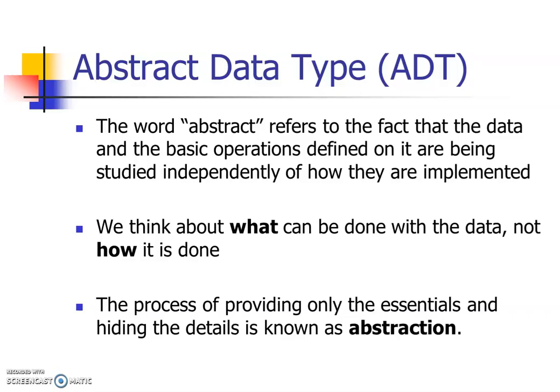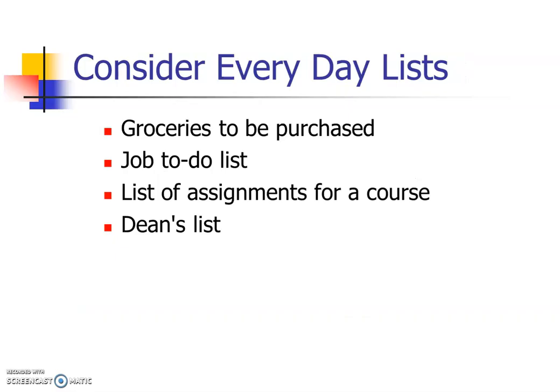So in the list data structure that we want to discuss today, we will implement this concept. Let's try to understand what a list is. A list can be considered as something from our daily life, like a grocery list of things to be purchased. When you go into the supermarket, sometimes you have a long list of items that you want to purchase.